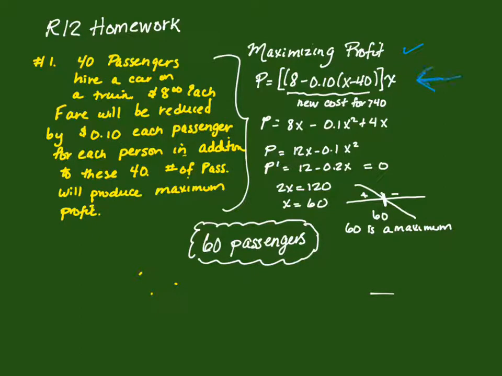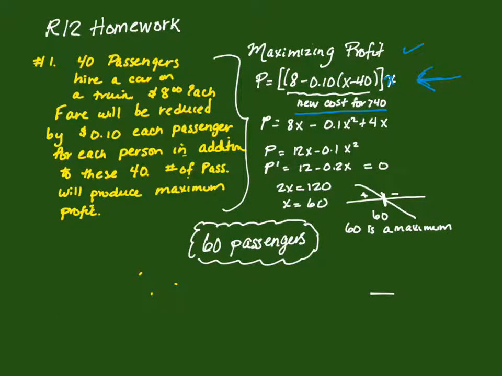It's pretty common. You start with, you have to multiply everything by x, which is the number of people going. So there's an x on the outside. And usually on the inside, you have the new cost for anything greater than 40.